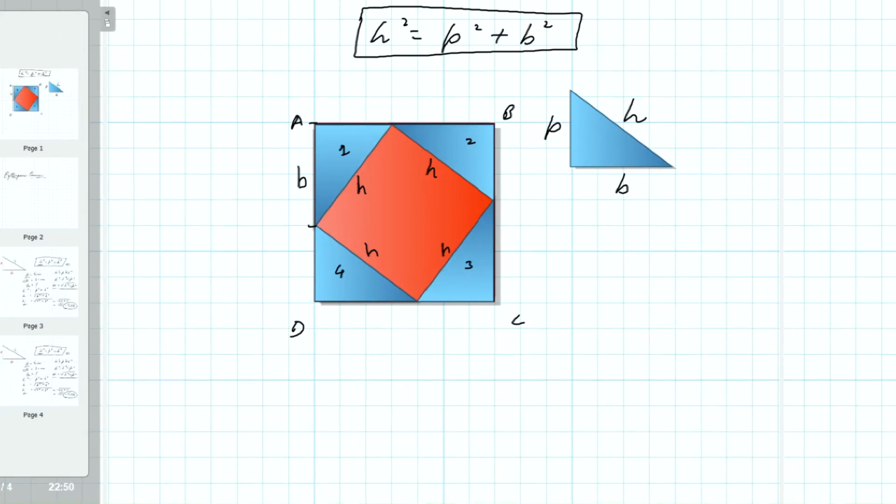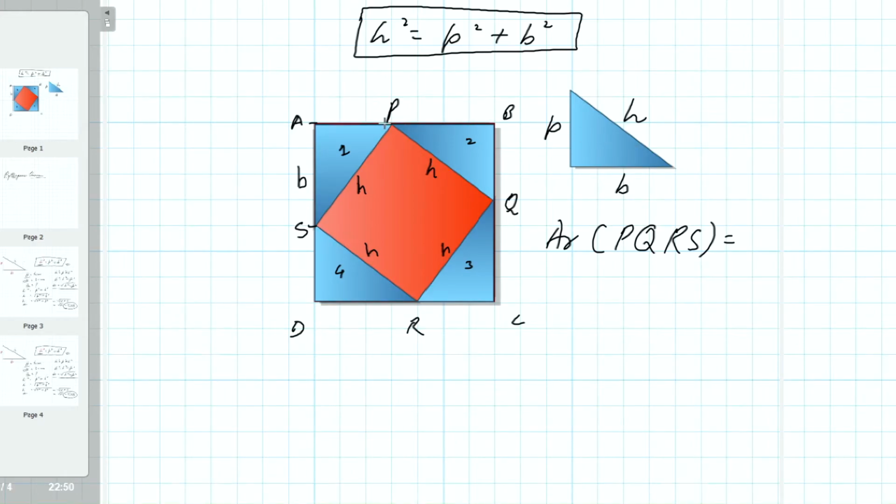Let's write the name of the vertices, P, Q, R and S. If I ask you what will be the area of PQRS? Here you can see that PQRS is a square with side H, and this H is actually the hypotenuse of this right angle triangle.